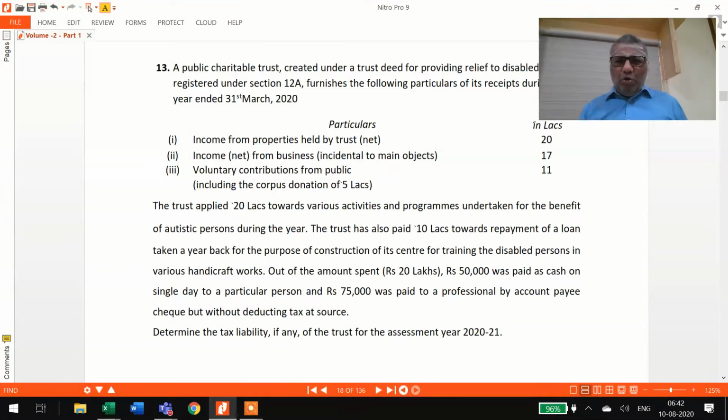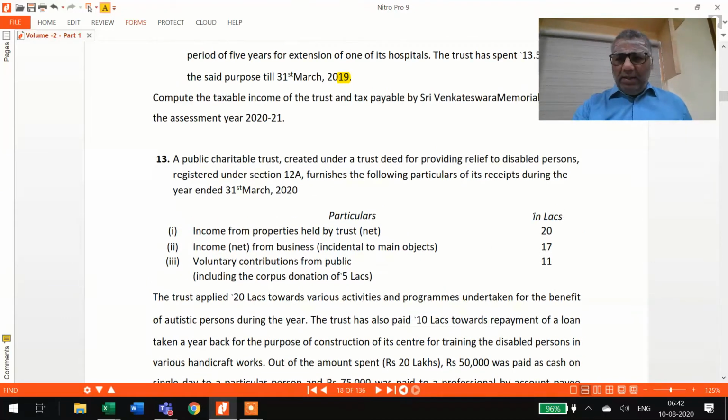The question is a very old question. First, relief for disabled persons falls under the medical relief category and not object of general public utility. First point to understand. So they can carry on business here. Second point to understand is they have not given the receipt in the question.